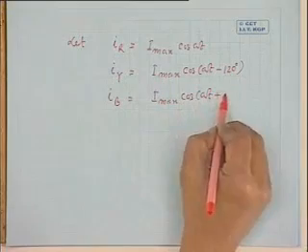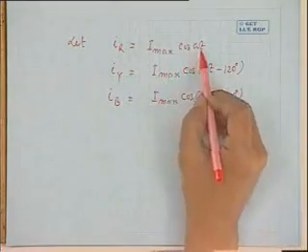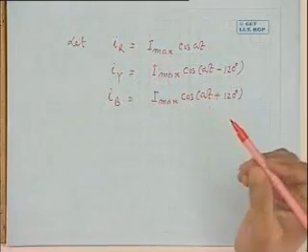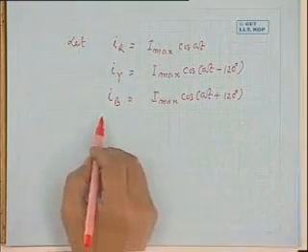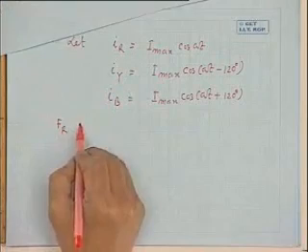And IB is I max cosine omega t plus 120 degree. Cosine I can assume, it will help me in calculations. That's why I am doing this.